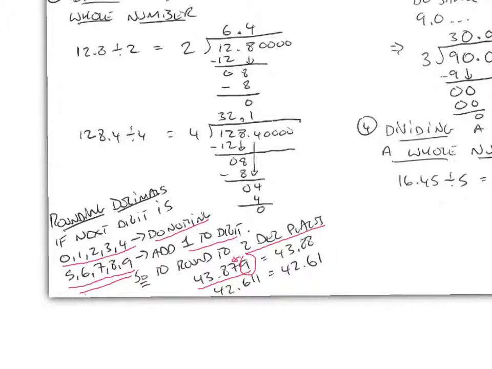So that actually becomes an 8, the 7. So our answer is 43.88. And to round 42.611 to 2 decimal places, we look at the third digit. It's a 1. So that means we do nothing to the digit in the second decimal place. So 42.611 is the same as 42.61 rounded to 2 decimal places.